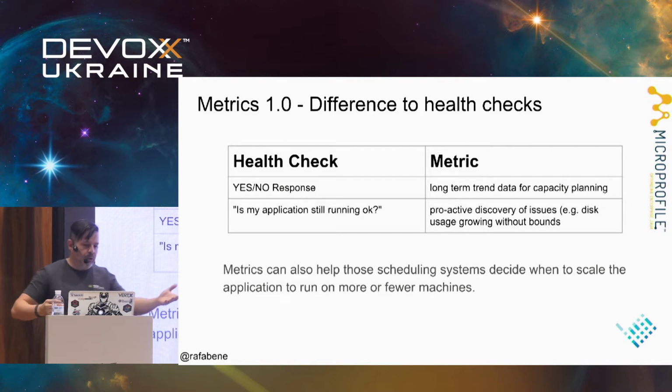And while in health, the question is, is my application still running? With metrics, I can proactively discover issues. Is my disk growing? Is my memory growing? Is my memory reduced?